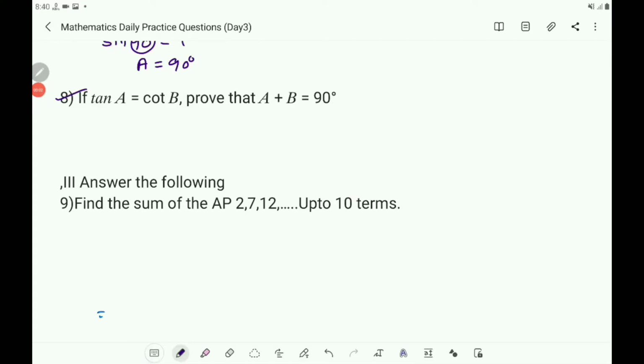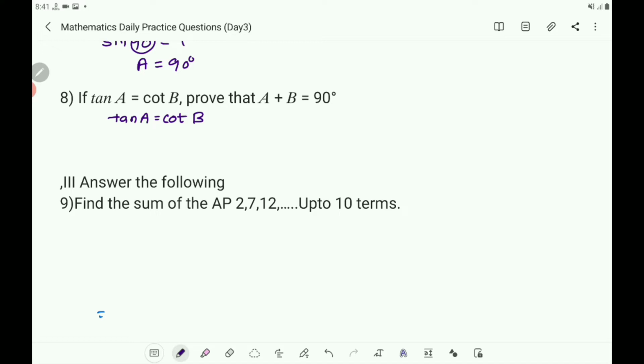Now take question number 8. If tan A equals cot B, prove that A plus B equals 90 degree. So you take the relation tan A equals cot B. Now let us convert LHS and RHS into the same trigonometric ratio.